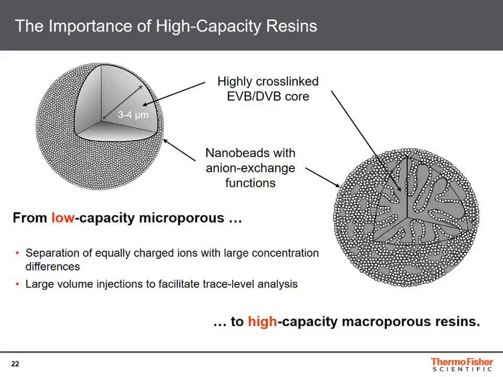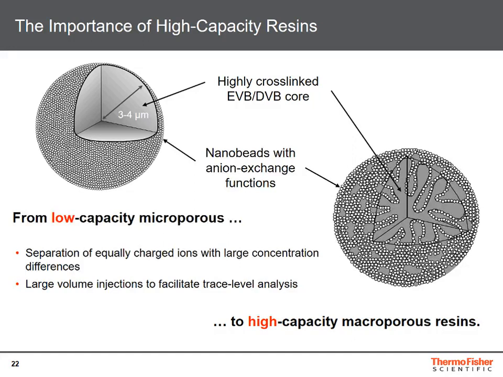It has a pore size of almost 2000 angstrom, and that means that the nanobeads can diffuse into the interior parts of the pore. In this way, we can increase the ion exchange capacity of the resin by almost a factor of 10 without changing the surface area or the particle diameter of such a particle.